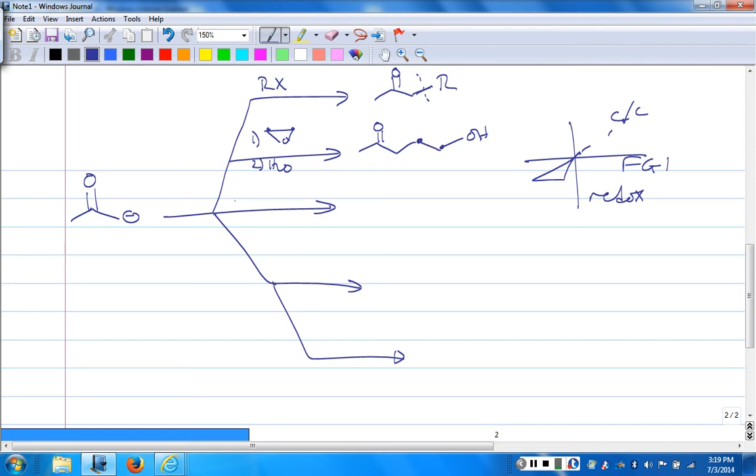They react with other aldehydes and ketones in a reaction called the aldol reaction, which we will spend some time on. The products of the aldol reaction are a beta hydroxy carbonyl compound, right, which is called an aldol.